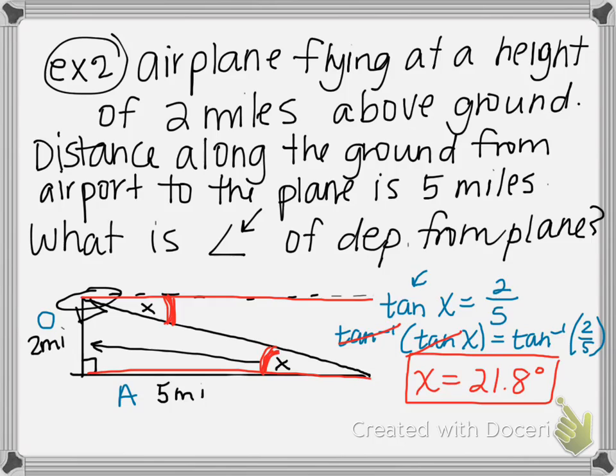Okay, so the next example, example 3. We have the angle of elevation to the top of a tree is 30 degrees from someone standing 28 feet away.